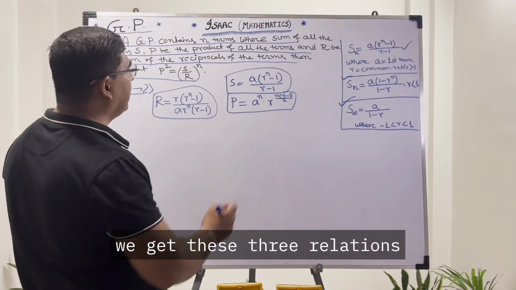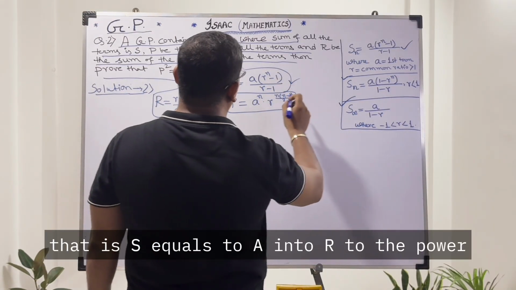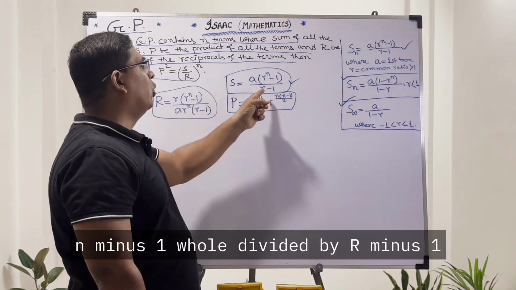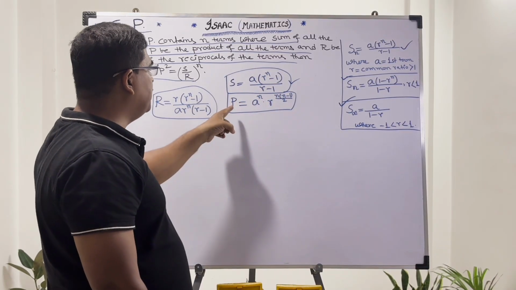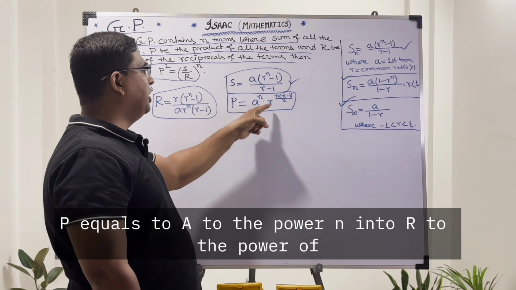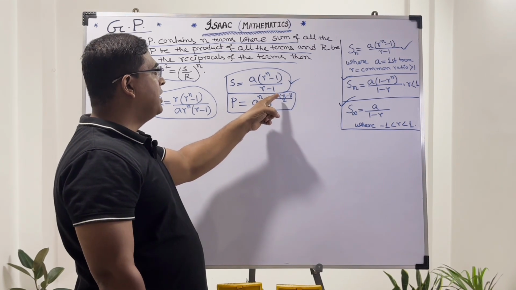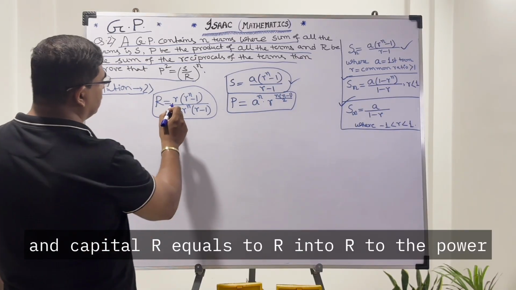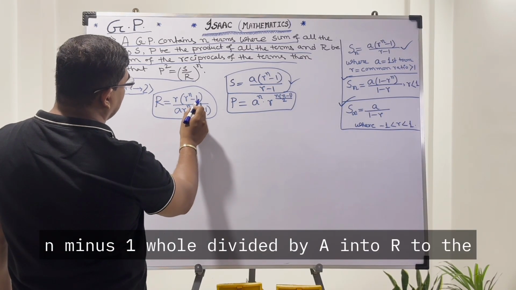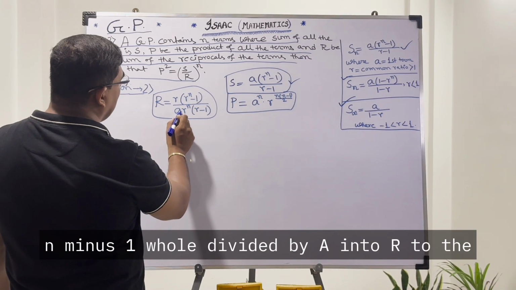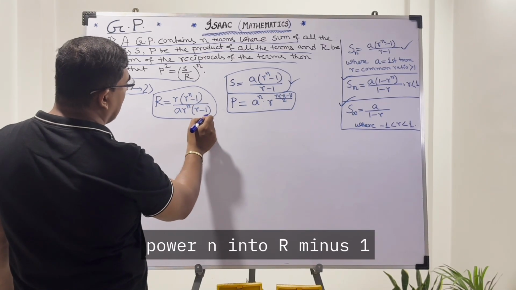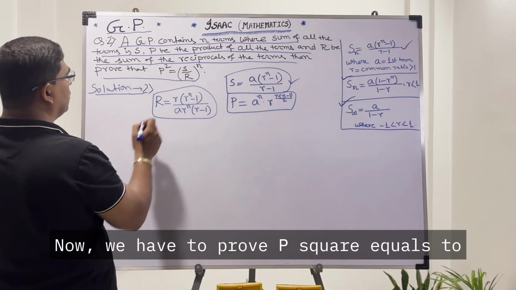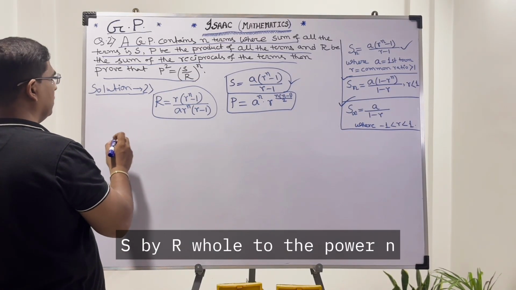So we get these three relations, that is S equals A into R to the power n minus 1 whole divided by R minus 1, P equals A to the power n into R to the power of n into n minus 1 whole divided by 2, and capital R equals R into R to the power n minus 1 whole divided by A into R to the power n into R minus 1. Okay. Now we have to prove P square equals S by R whole to the power n.